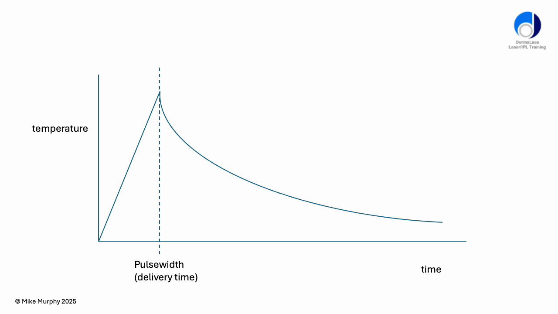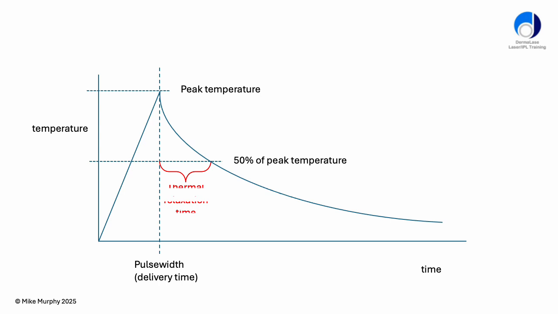Okay, so we've got this temperature curve. The maximum temperature we call the peak temperature, and at some point that temperature will have dropped to about 50% of the peak value, and the time it takes to drop from the peak to 50% is what we call the thermal relaxation time. This is just a fairly arbitrary definition.